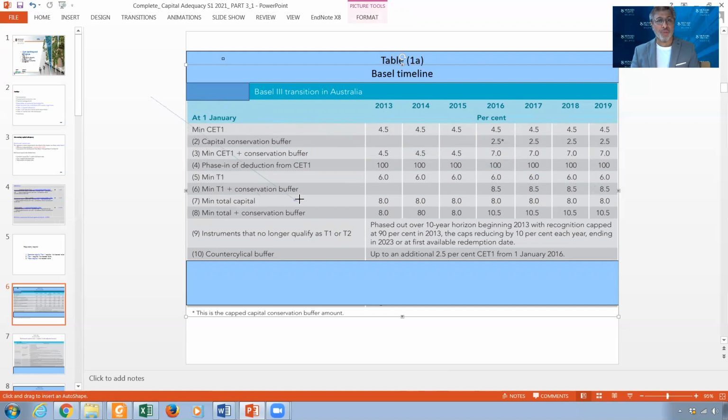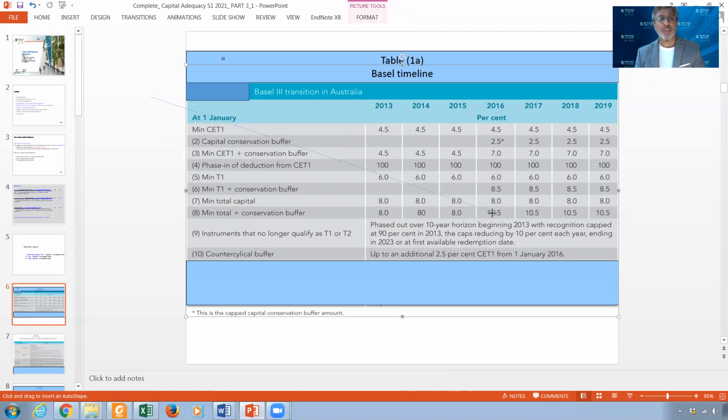Total capital also was 8%, 8%, 8%, and this is the minimum. All of those are the minimum total capital. We cannot have less than that. So all of those are minimums: minimum tier 1, minimum equity, and minimum total capital. Up to 2016 it was 8%.